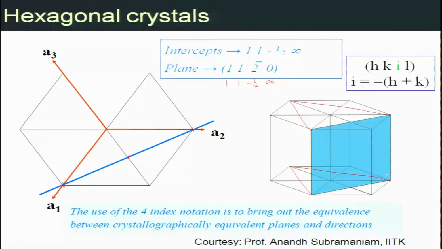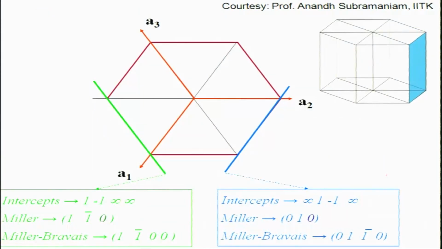Okay. So now this is the 1 0 0 plane example I showed you. So these planes are identical. This plane, that plane, they are identical. They look different in the 3 indices system, but they look the same in the 4 indices system.